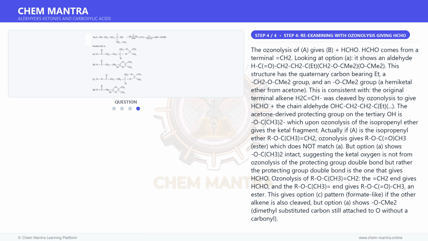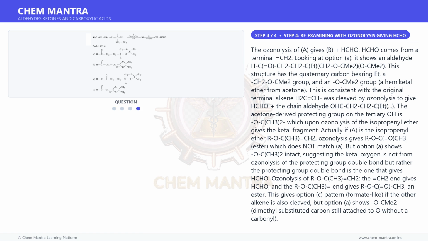Ozonolysis of ROC(CH3)=CH2 gives HCHO, and the ROC(CH3)= gives ROC=O, CH3, an ester.